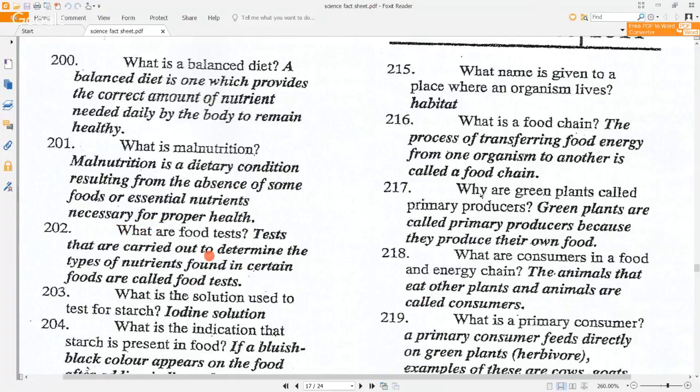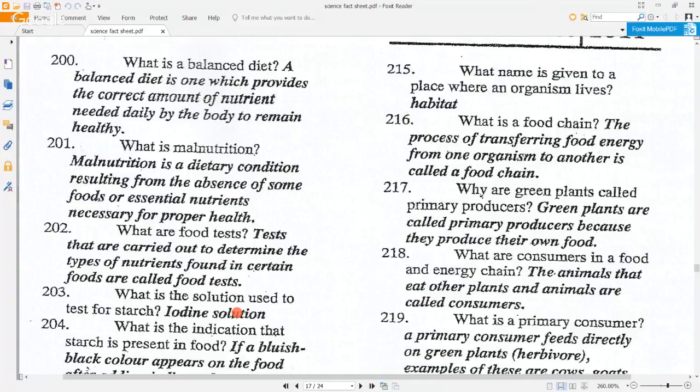So I'm wondering if I'm going to give a yam a pencil and a paper and give it a test. Let's see. Food tests are tests carried out to determine the types of nutrients that can be found in certain foods. What is the solution used to test for starch?